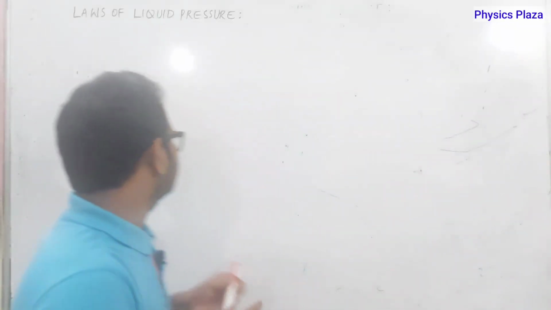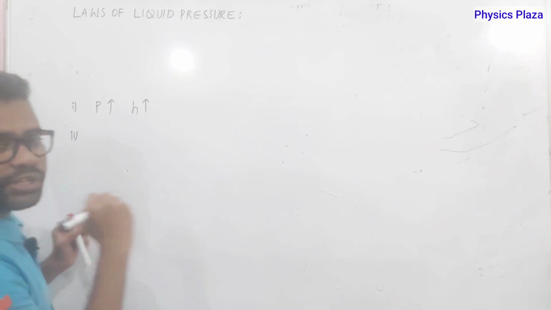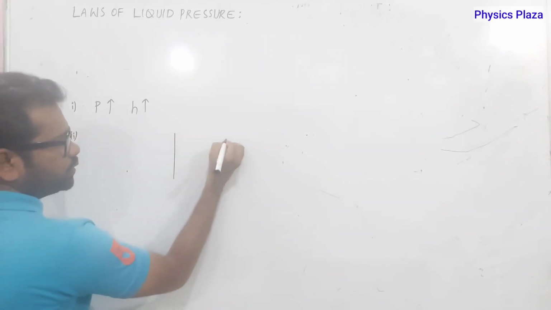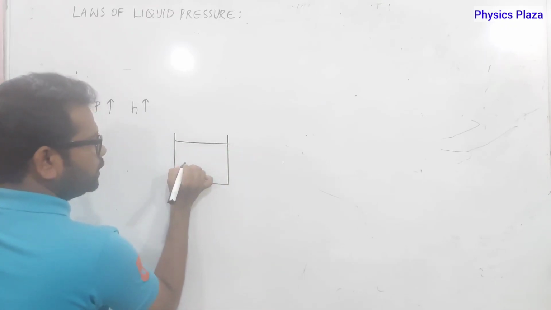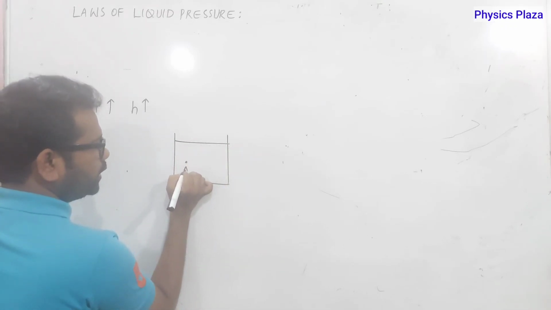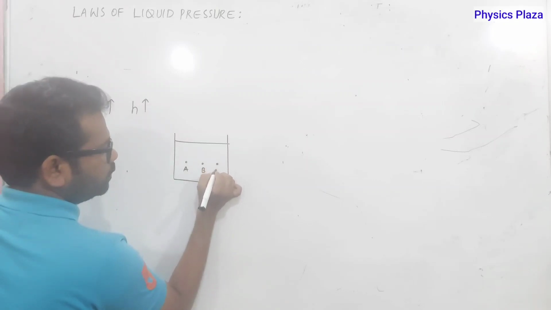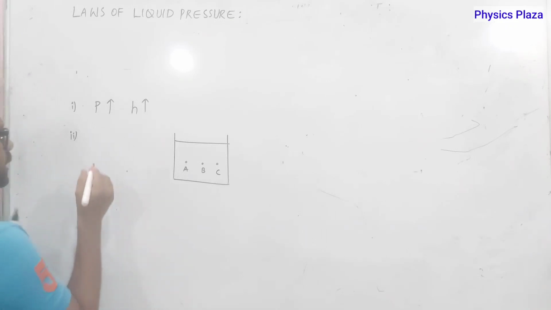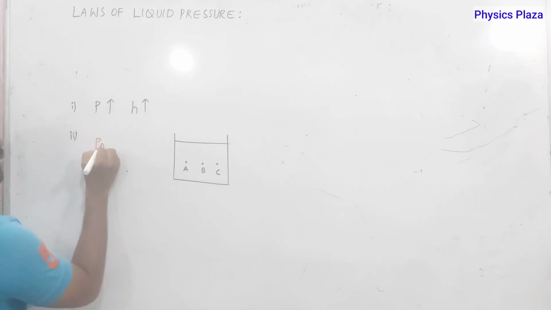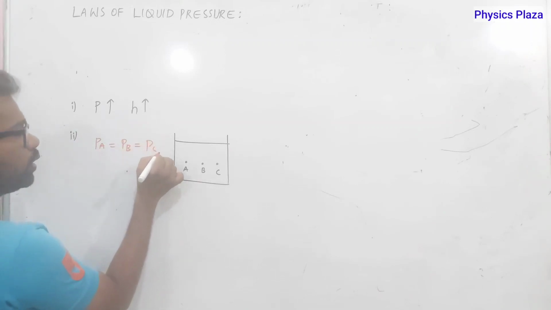Okay, now the second one, children. If you take any stationary liquid, for example, here is a stationary liquid. Here I have taken point A, point B, point C. Now where will the pressure be more? Children, it is noticed that pressure at point A is equal to pressure at point B is equal to pressure at point C. What is the reason?